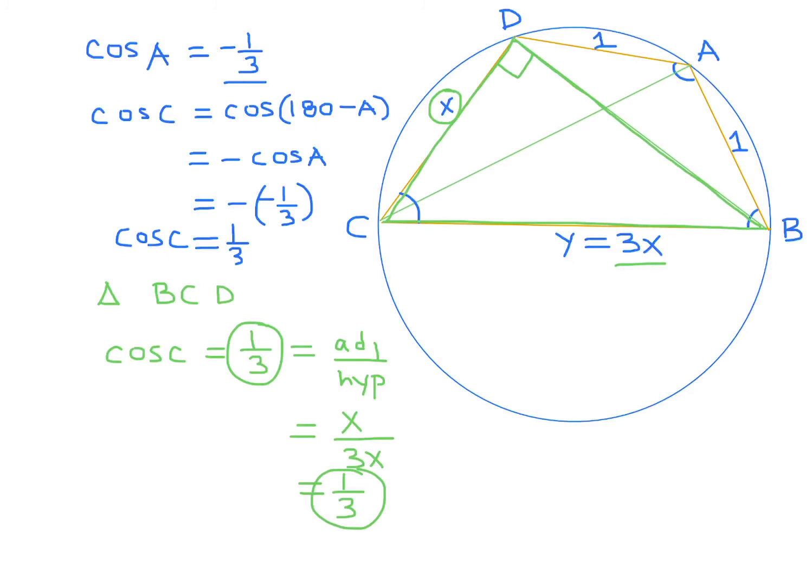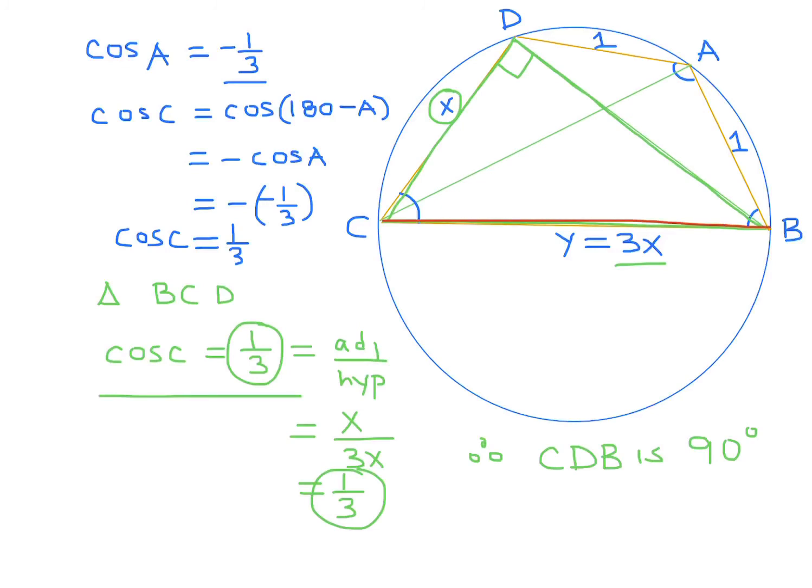So that means that this angle is indeed a right angle. Therefore, angle CDB is 90 degrees. It's the only way that the cos of C can be 1/3. And therefore, if that angle is 90 degrees, that proves that this is the diameter.